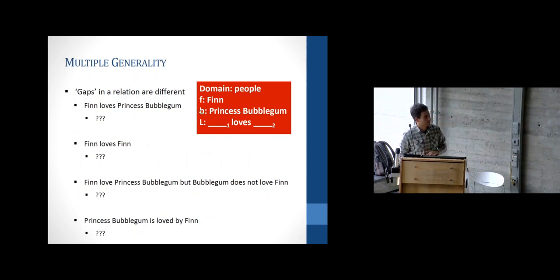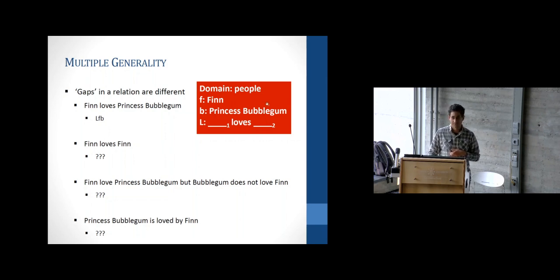So let's have the domain of all people, and let's have Finn and Princess Bubblegum be our famous objects here, and we have this relation L, loves. The ordering matters, right? Finn loves Princess Bubblegum is going to be L, F, B. Finn is the first position, Bubblegum second position.